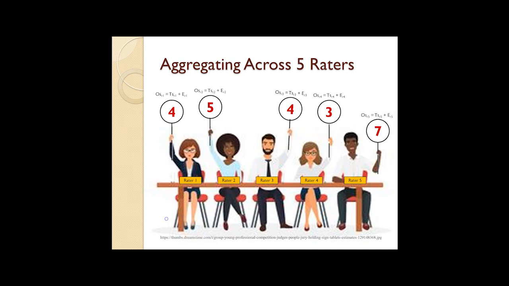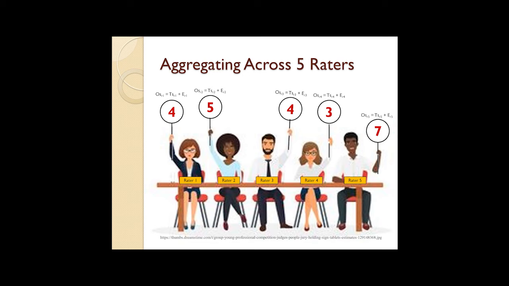Each one of these individuals has their own formula for the observation that they're submitting, and it simply equals the true score plus error that we previously talked about. Now we've introduced the nasty and thorny concept of the subscript here, and if you look, we have simply R1 for rater 1 to R5 for the 5th rater.